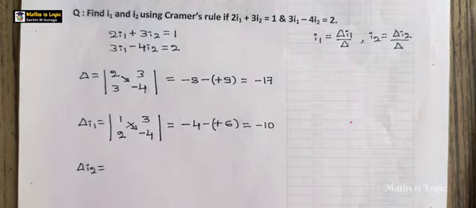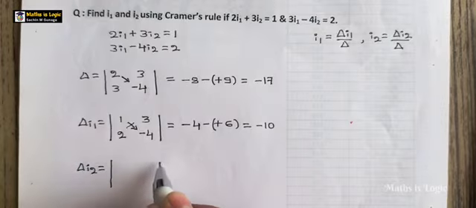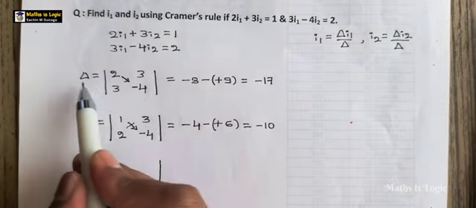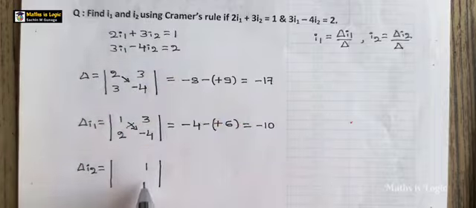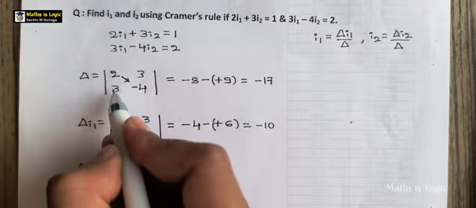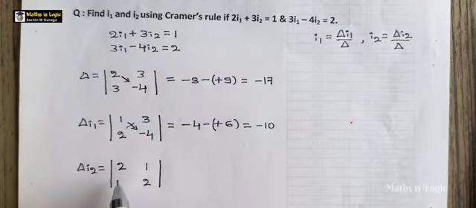Next, delta I2 is equals to. To get this delta I2 value, in delta second column replace by these two constant terms, that is 1 and 2, and first column in delta keep it as it is, 2, 3, which is equals to, again do the cross multiplication.